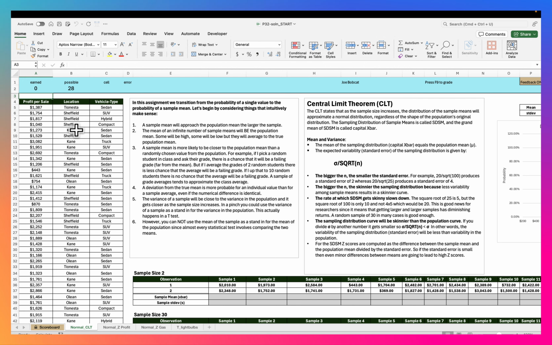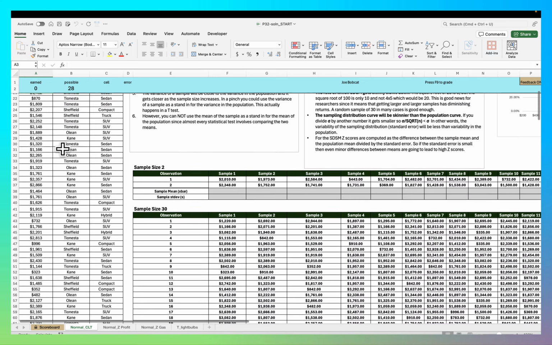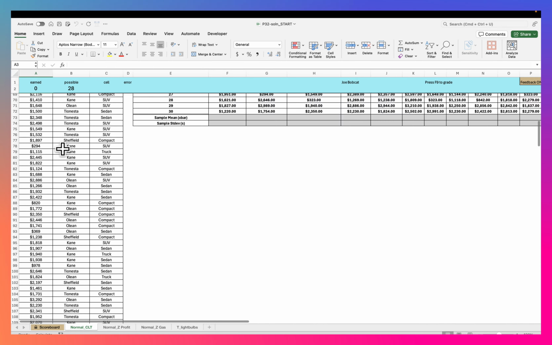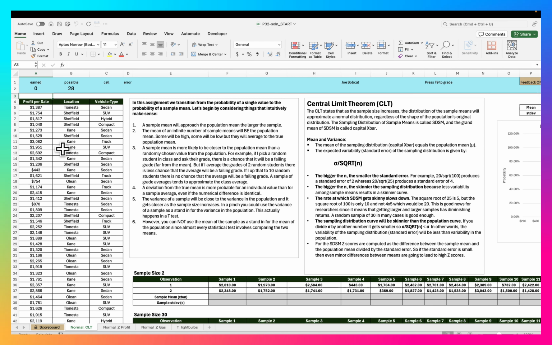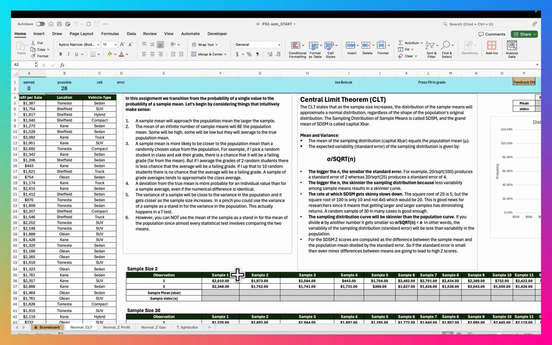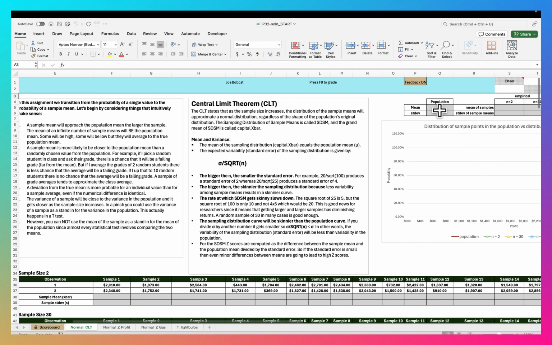So as you can see here on this tab, we have lots of population data along the left. This is data about profits at different automobile dealerships, profit per sale. Then if we wanted to see what that data looks like, we can get descriptive statistics about it and then graph it.